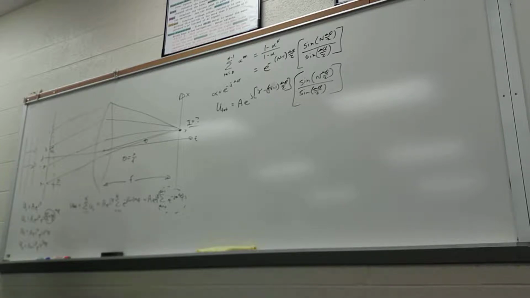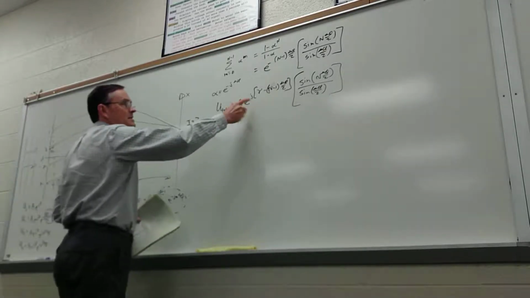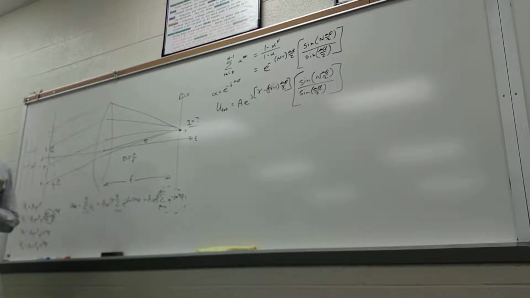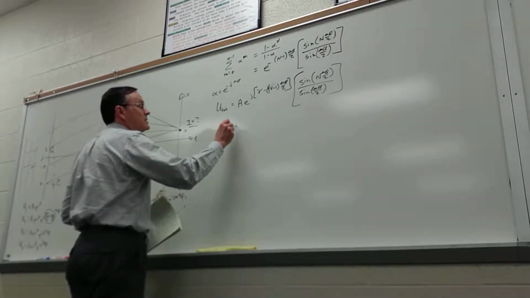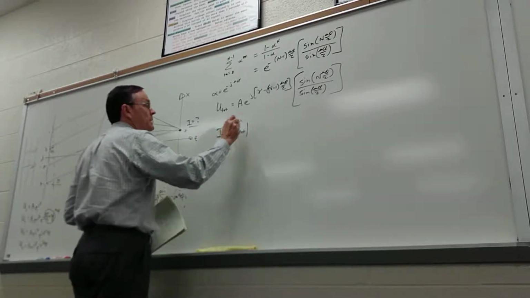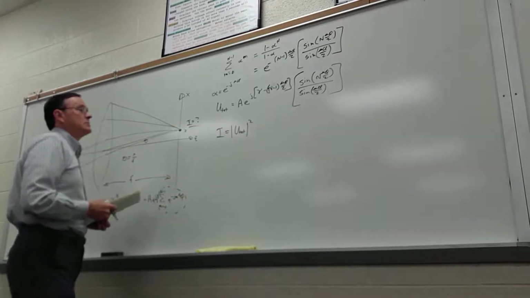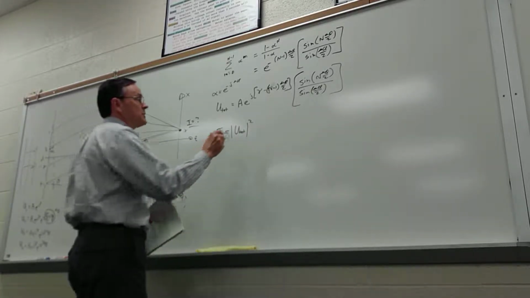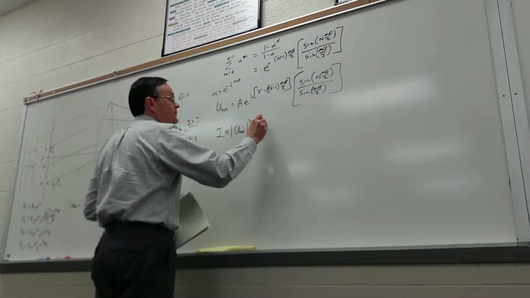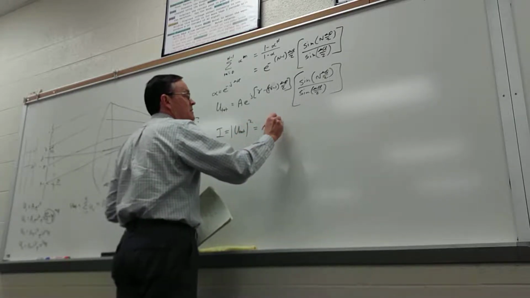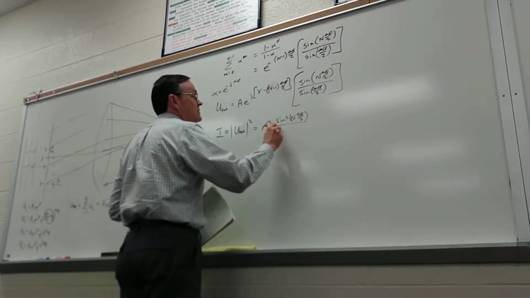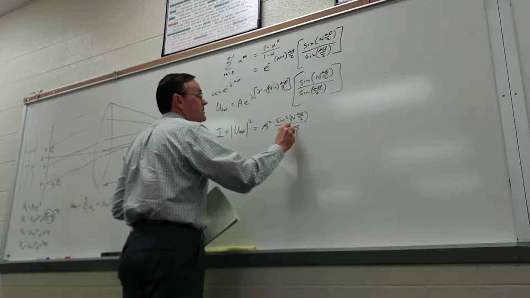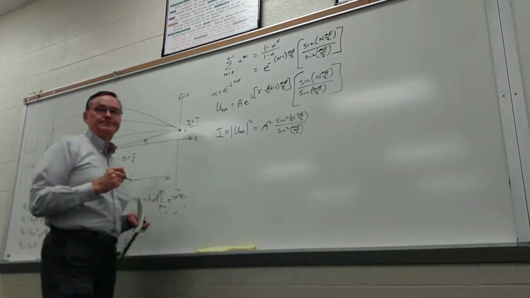And you notice that this complex exponential out in front is just an overall phase factor, so it really doesn't matter. In fact, when we calculate the irradiance, which is just the magnitude squared of that total complex amplitude, it goes away. And we're left with A squared times sine squared n delta phi over 2 over sine squared delta phi over 2.